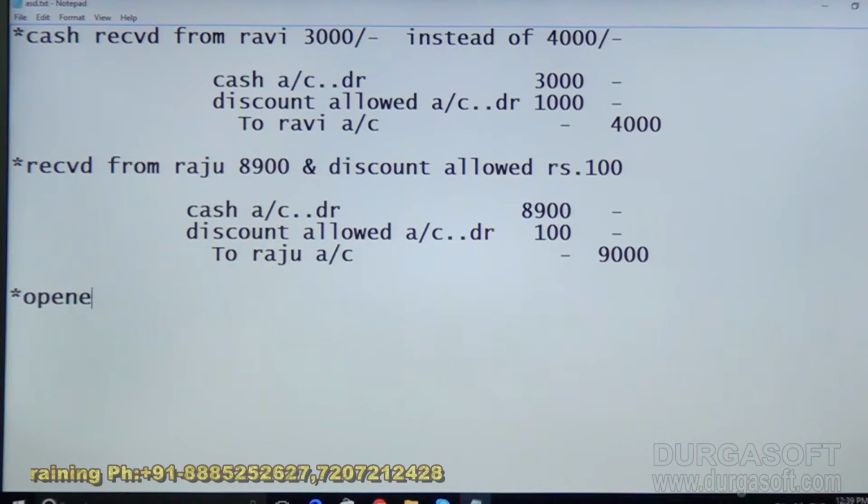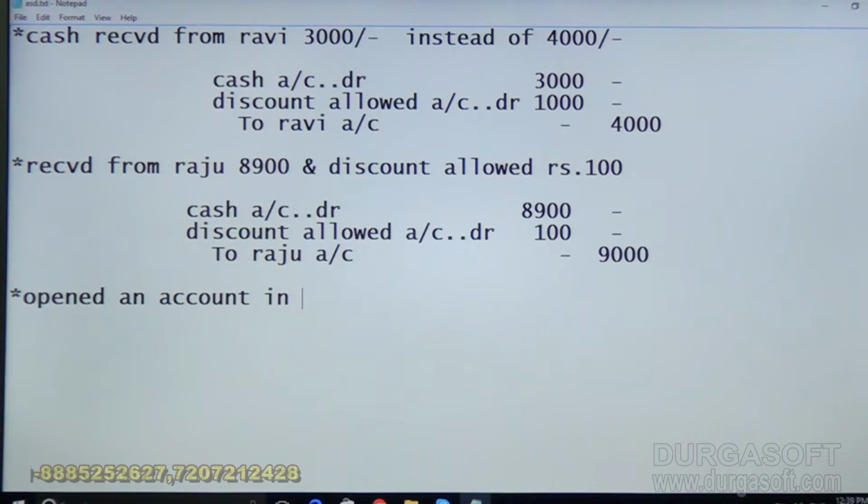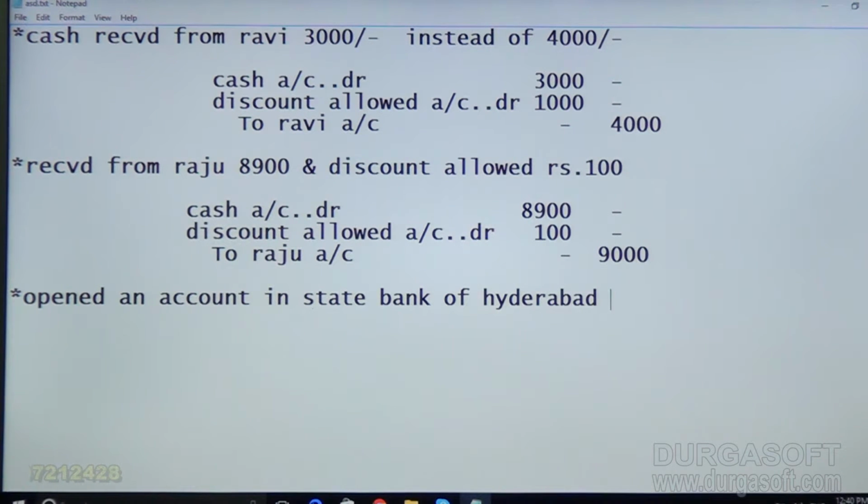Opened an account in State Bank of Hyderabad. So what is the entry?